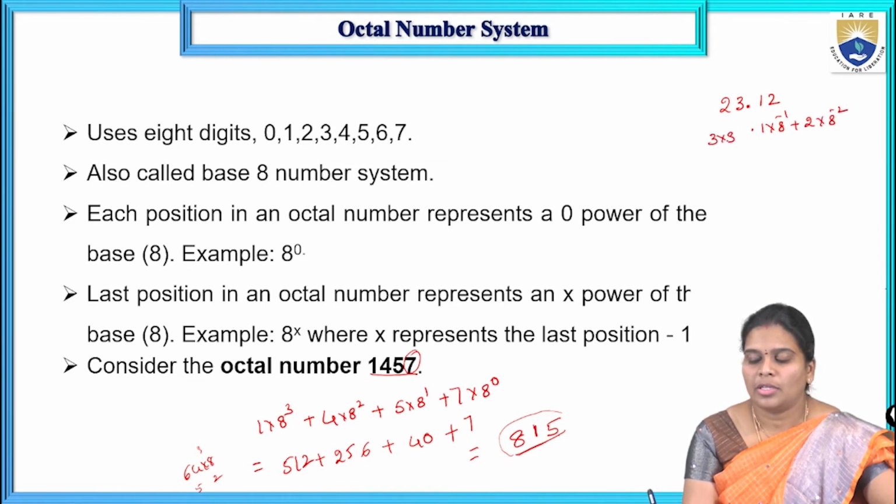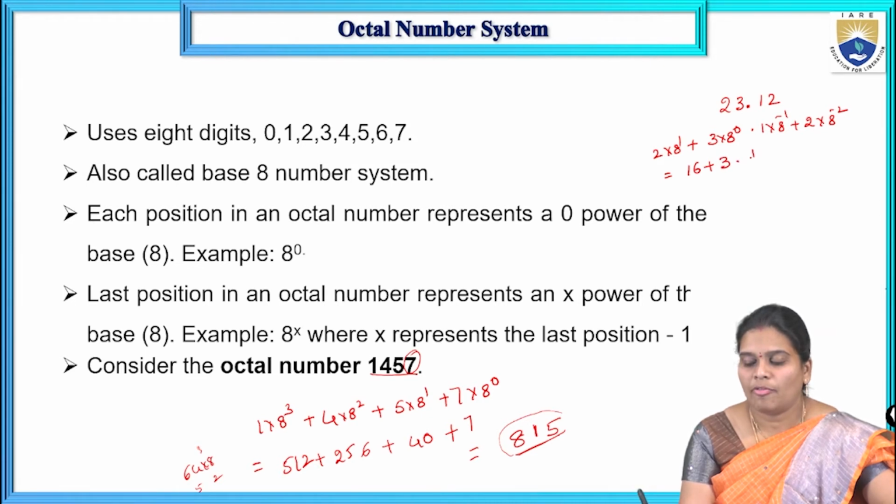On the left side, 3 into 8 power 0 and 2 into 8 power 1. That is 16 plus 3, plus 1 by 8 plus 2 into 1 by 64. So 19 plus 2 by 32. Here we have some fractional values. This is the octal number system.